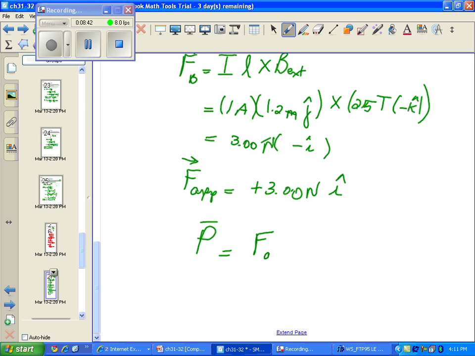If we know the applied force, we can take that, dot it with the velocity. The applied force is 3 newtons in the i hat direction, and we're going to dot that by the velocity, which is 2 meters per second, also in the i hat direction. That gives us 6 watts.